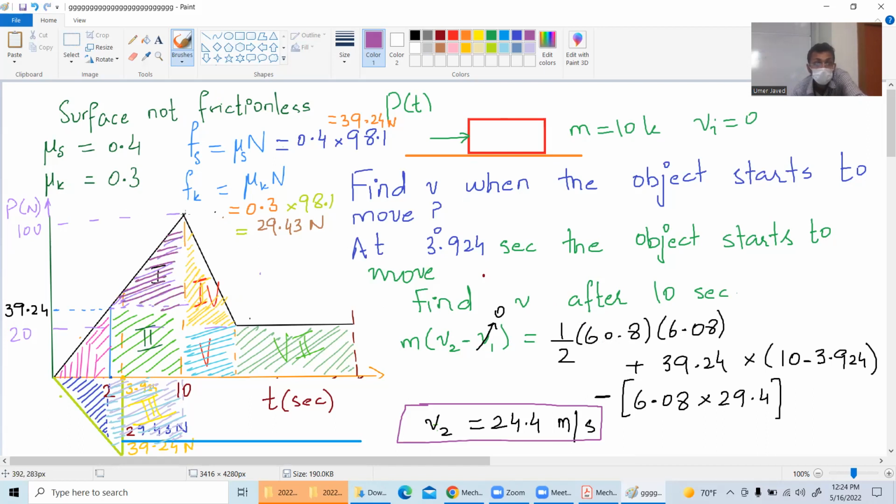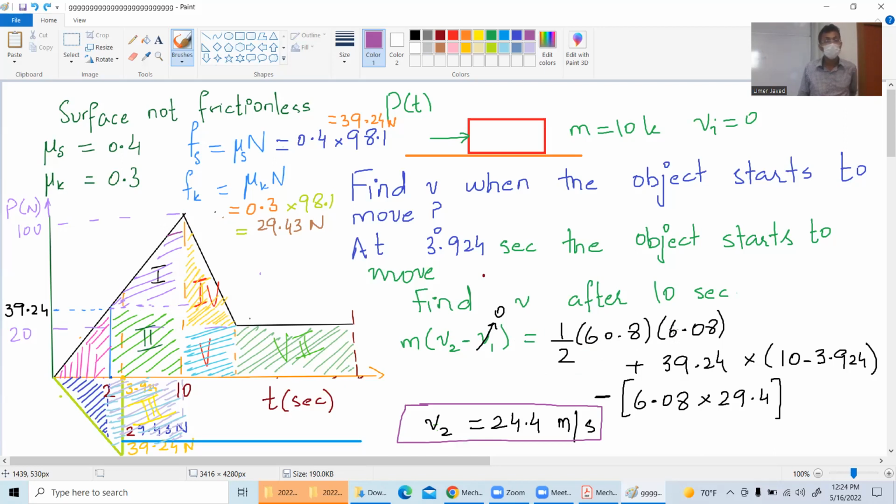What is this? 100 minus 39.24, that gives me height. 1/2 multiplied by height multiplied by base is, so this happens at 10 seconds. This happens at 3.924. So that's why 1/2 base into height gives me this. Then it happens in 7 seconds.